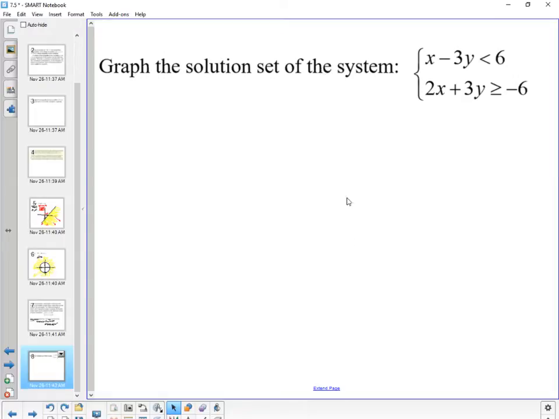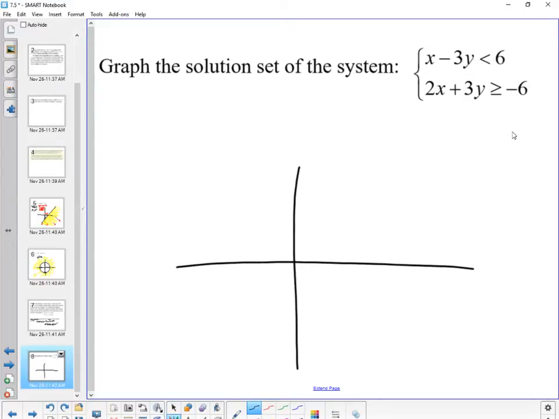Okay, here we need to graph the solution set. So, you just graph both equations. Here's my only suggestion to you guys: please do this on paper, then do it on the computer. If you graph one equation, it's going to automatically shade a whole side.